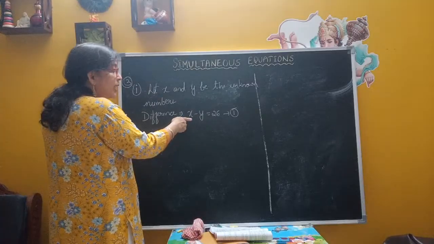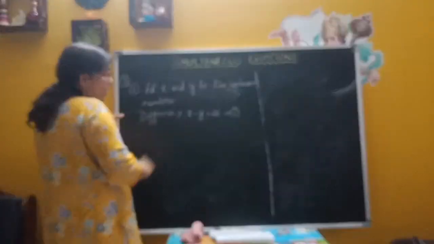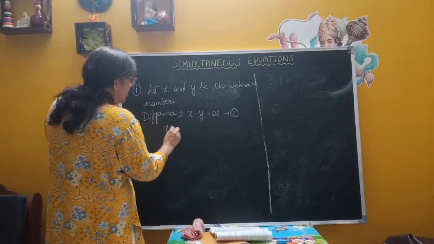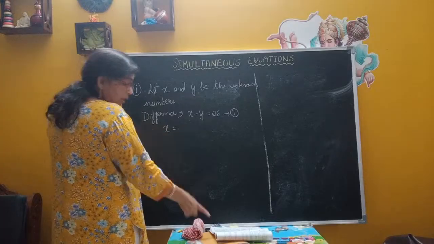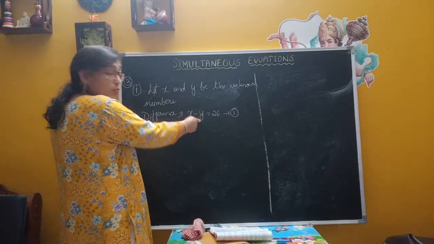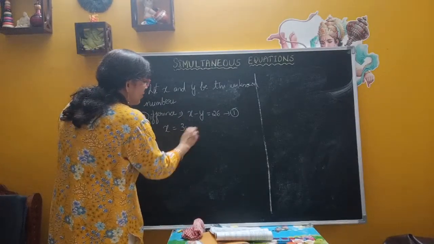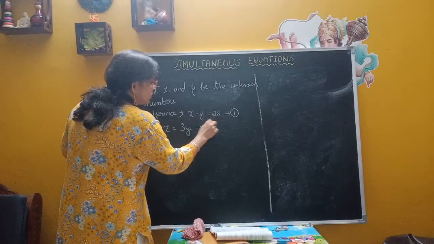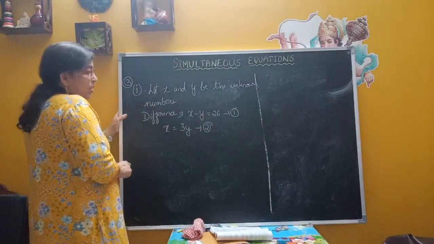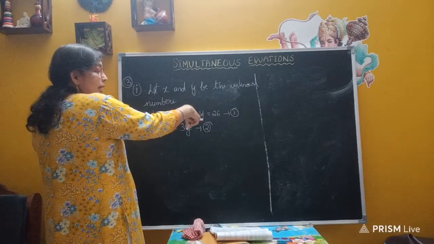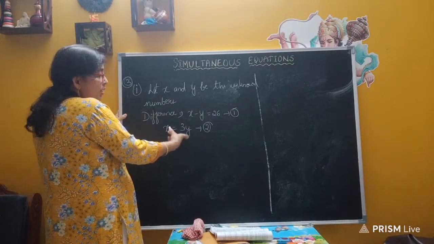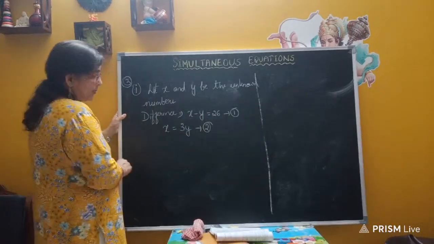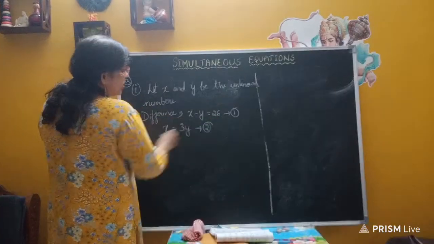Here x is the bigger number I have taken. So x is 3 times the other number y. So x is equal to 3y. This is the second equation. If I write y minus x, then I could have taken y is equal to 3 times x.